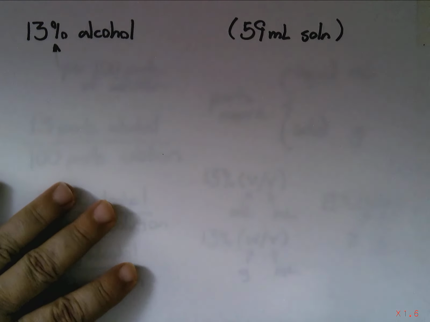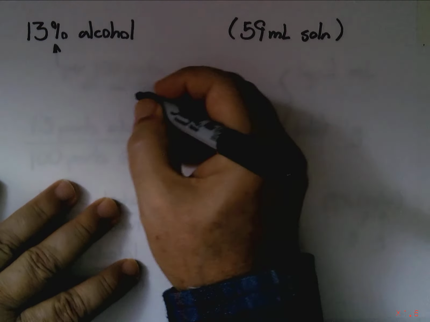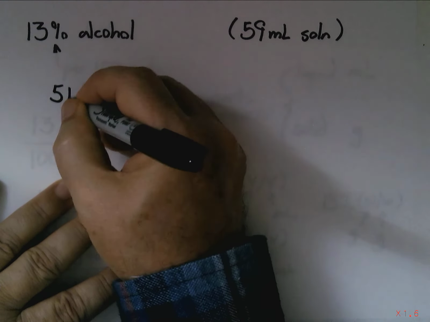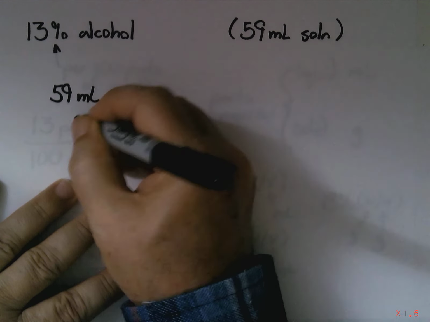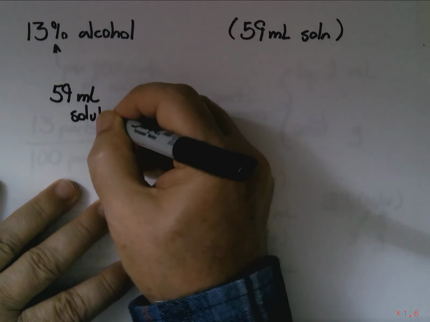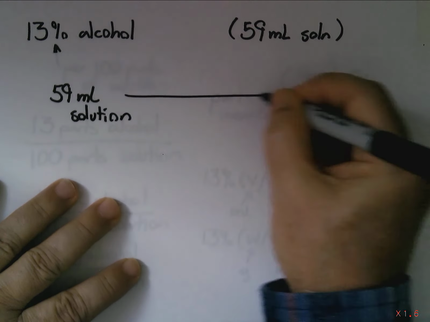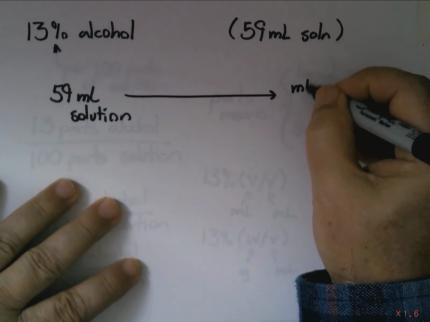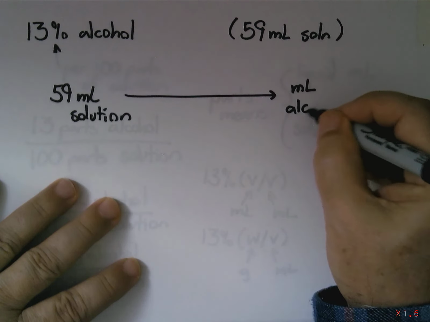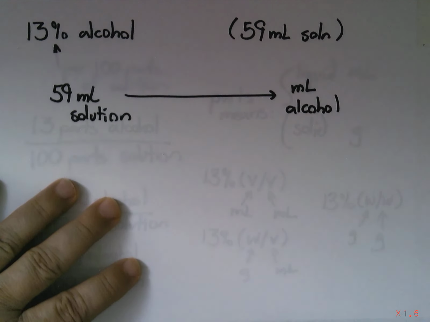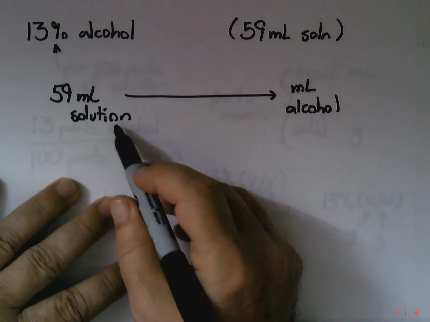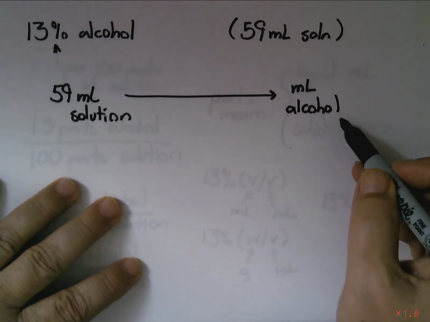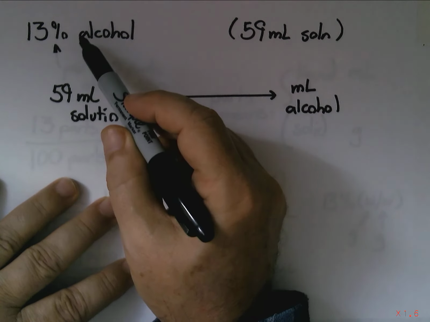This is a unit conversion problem. I am trying to turn the 59 milliliters that's in the bottle into milliliters of alcohol. All right? So I need a relationship between milliliters of solution and milliliters of alcohol, and the percentage is it.